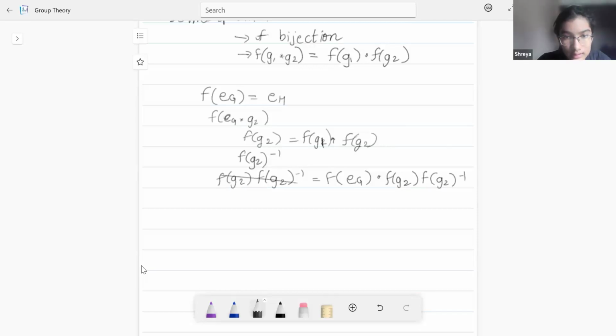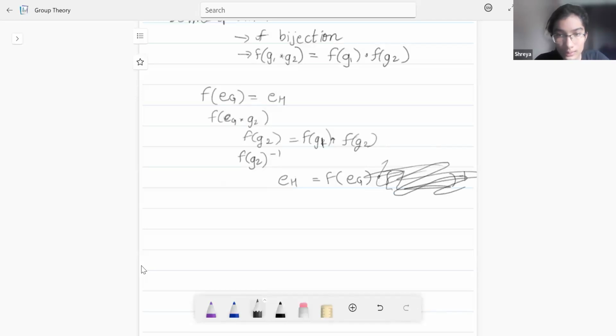Okay, so this thing just cancels to give the identity because of the way it's defined. And this is also equal to the identity. Yes. And then we know by definition of the identity that this has to be equal to f of e.